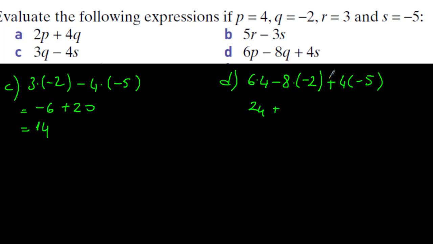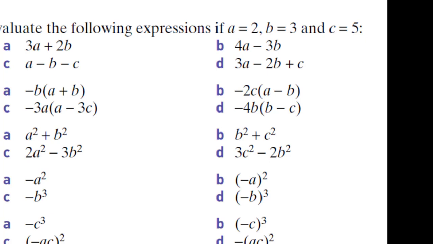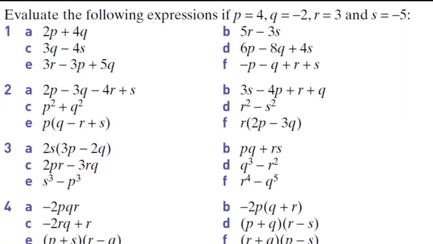Minus 8 times minus 2 is going to be equal to 16. And plus 4 times minus 5, the answer is minus 20. 24 plus 16 is equal to 40. Minus 20, it has to be equal to 20. And this is going to be the end of our questions, because the rest of them are exercises that we are going to solve in the class.